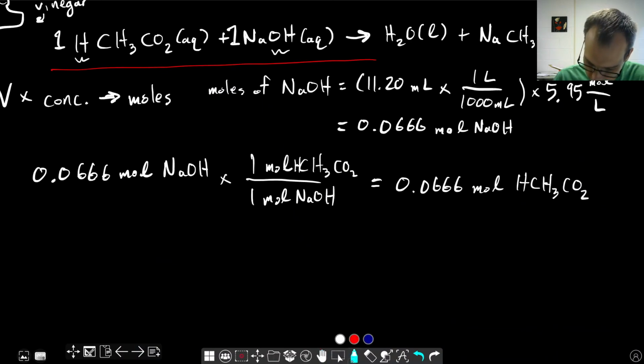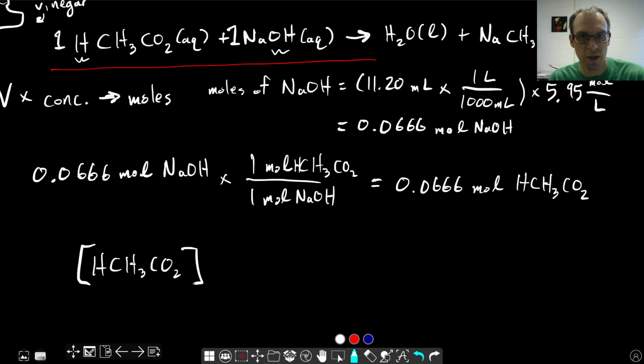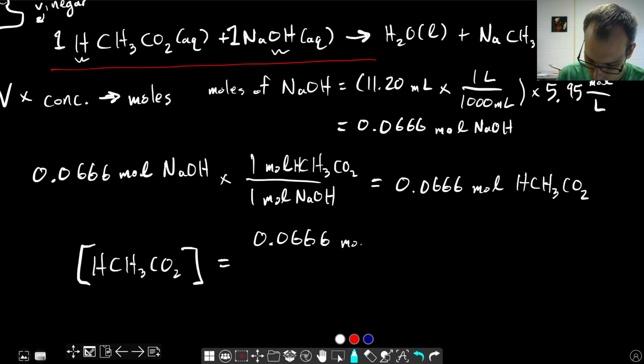So to find the concentration, which we will sometimes write with square brackets like this, just as a shortcut instead of writing out "concentration of," we just put these square brackets around. We just need the moles of sodium hydroxide.